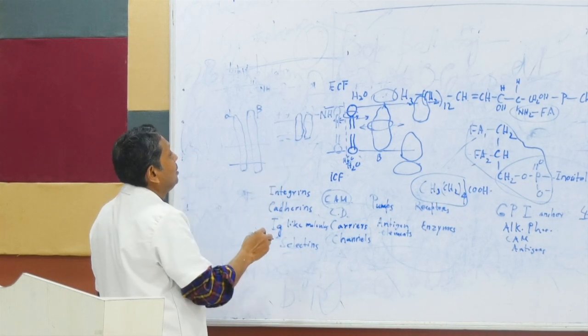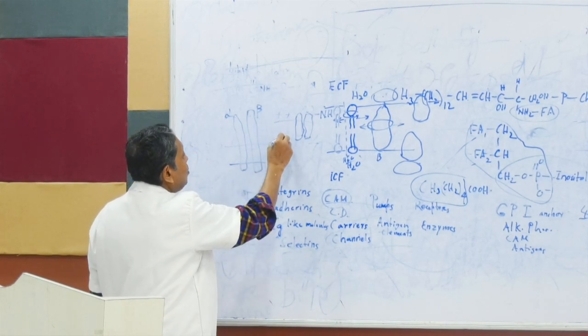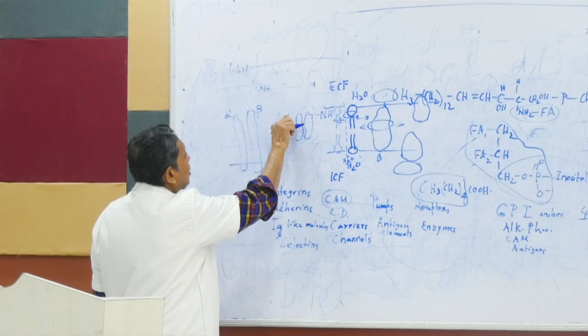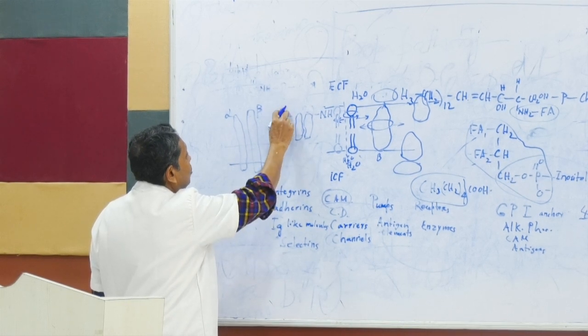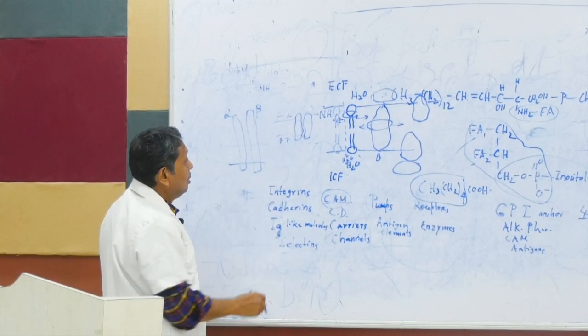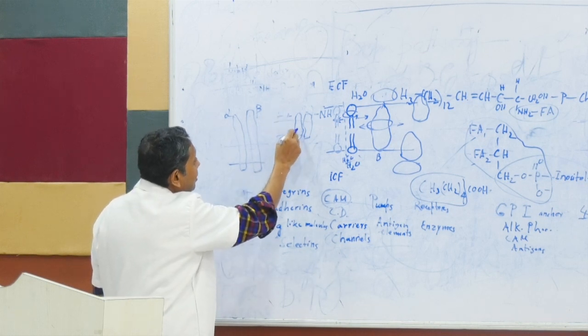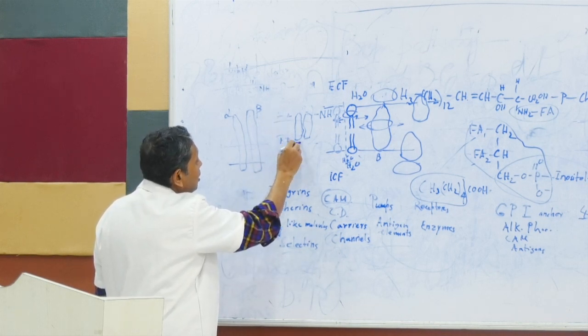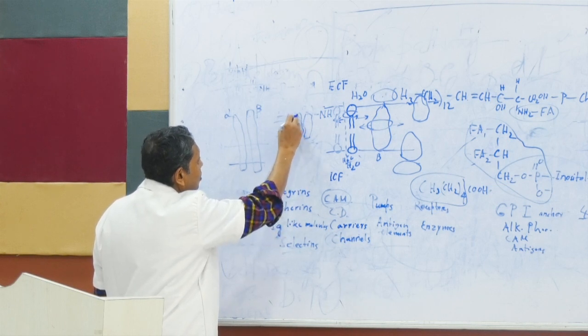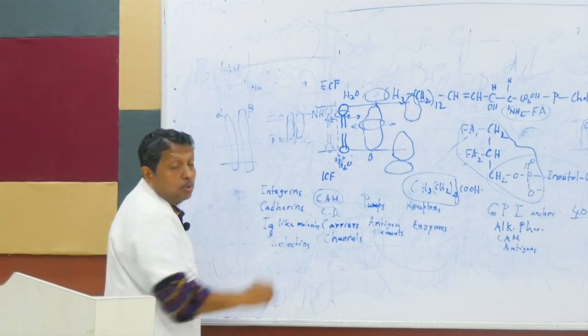Whenever it is depolarized, the sodium ion, a positive charge, enters, and there is movement of the negatively charged parts. So there is a change in the configuration, and opening of this channel is possible.